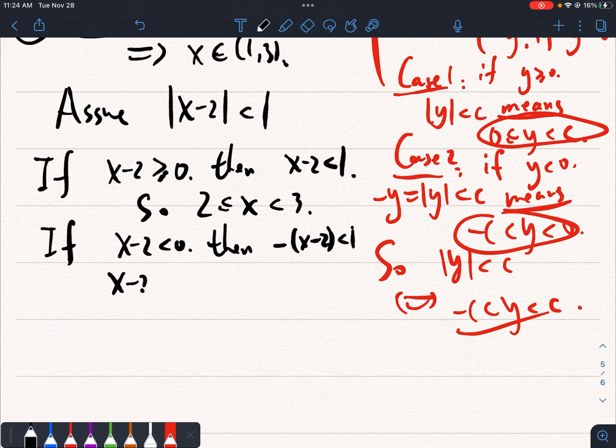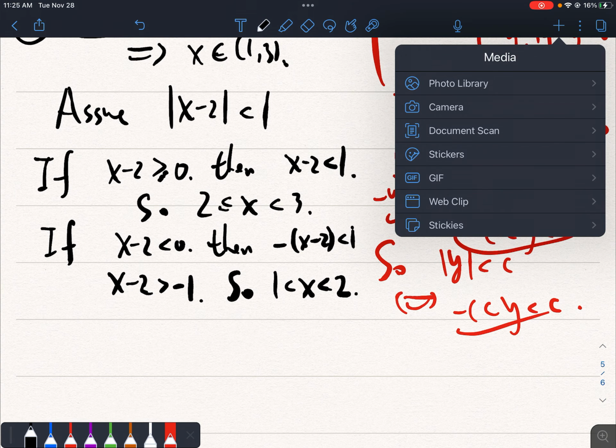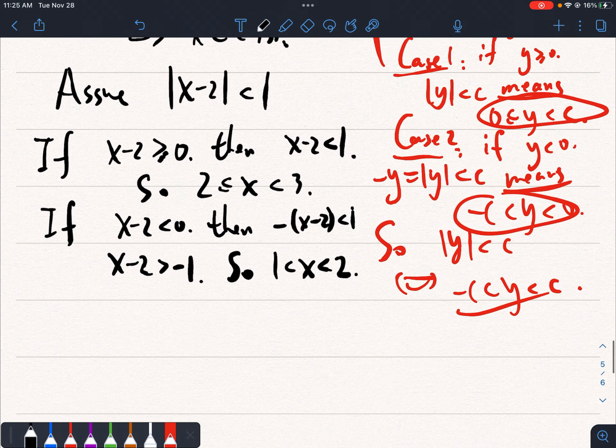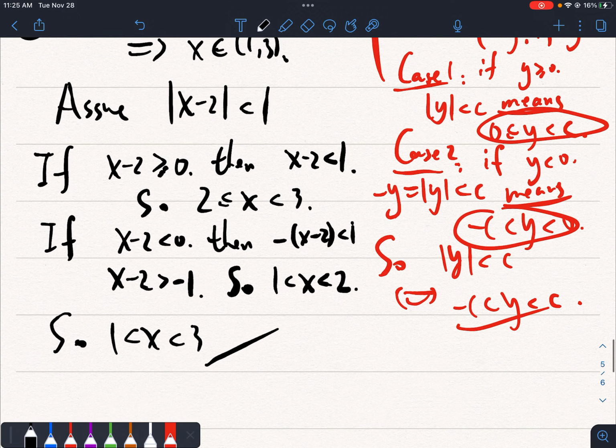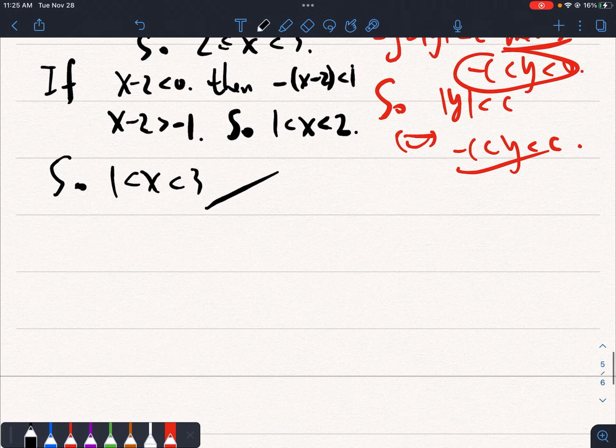So it means x minus 2 is bigger than negative 1, so x is from 1 to 2. Okay? So altogether we have x is from 1 to 3, and we're done. For the other direction, we can do a similar thing.